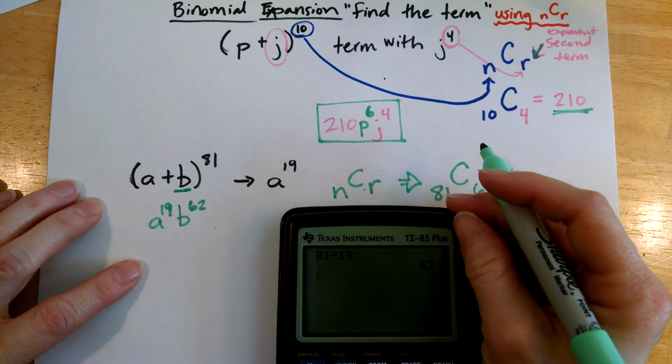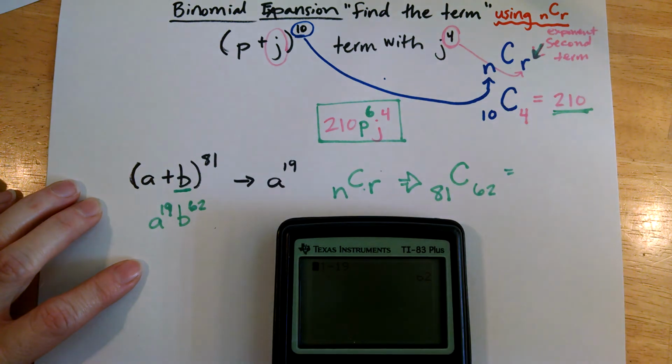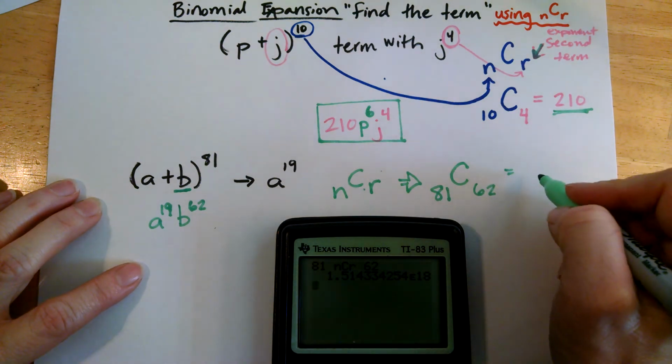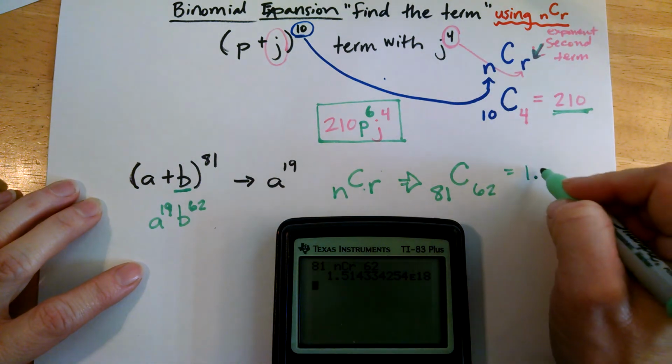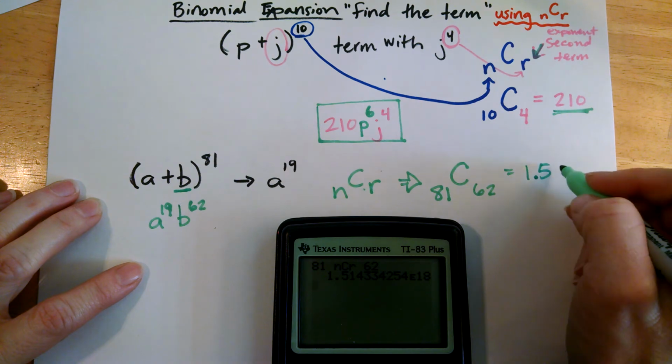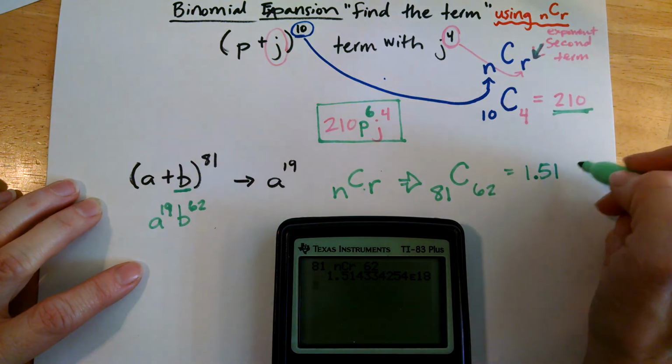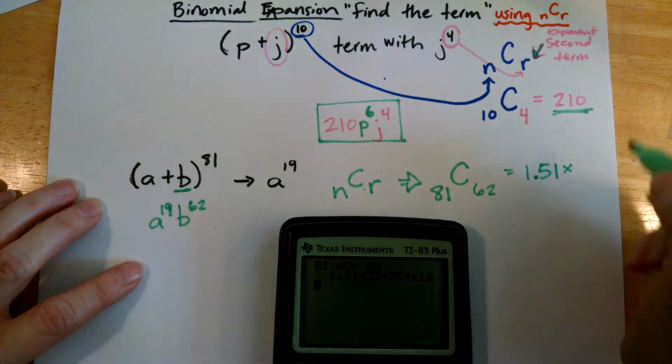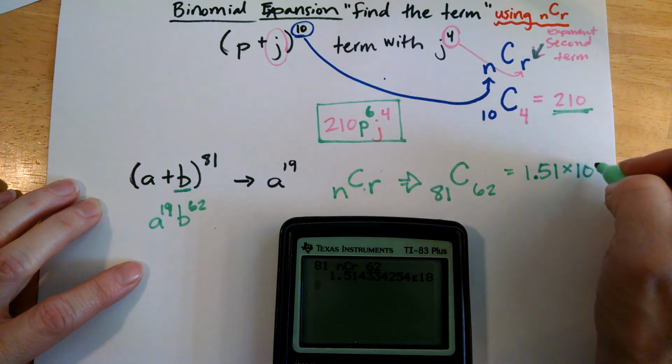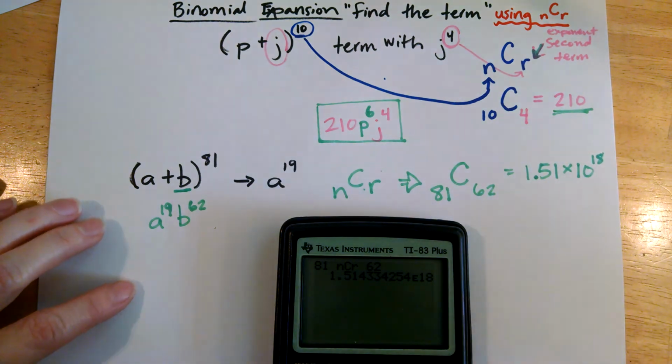So let's put that into the calculator to figure out what this coefficient is going to be. First we put in 81, math, probability, NCR, 62. Ooh, that is a huge number. Let's go with 1.51, 2 decimal places, times, now this e to the 18th means it's times 10 to the 18th power.